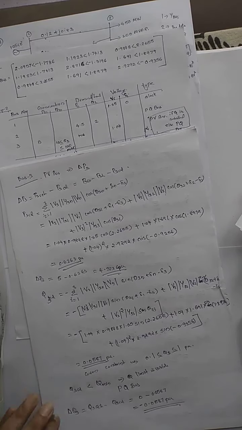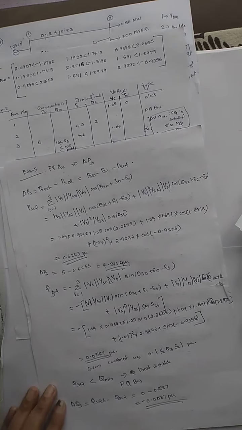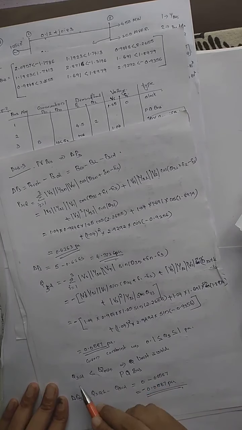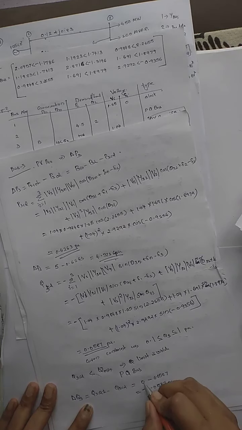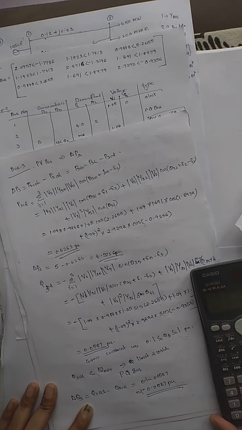So we have found out our first 3 steps and now we have to find out our J matrix. Okay, so there is a little problem. Q3 calculated is less than Q minimum, so I have to take the limit as 0.1.